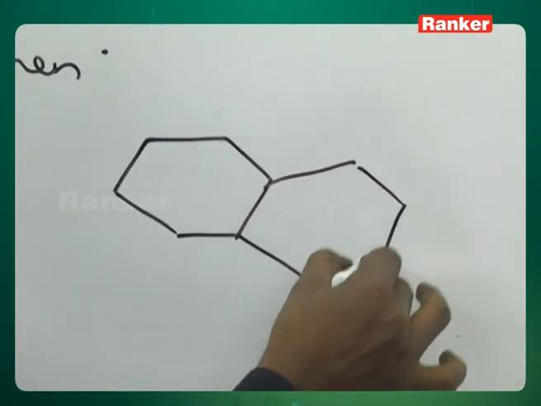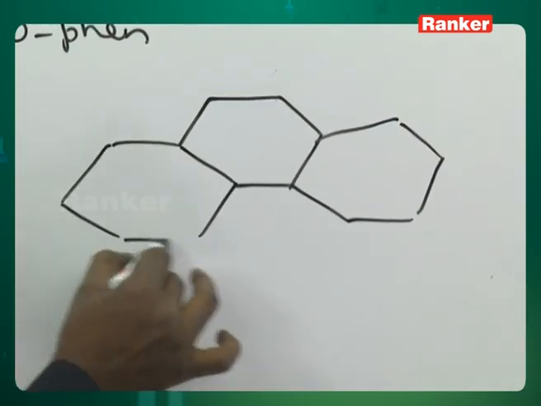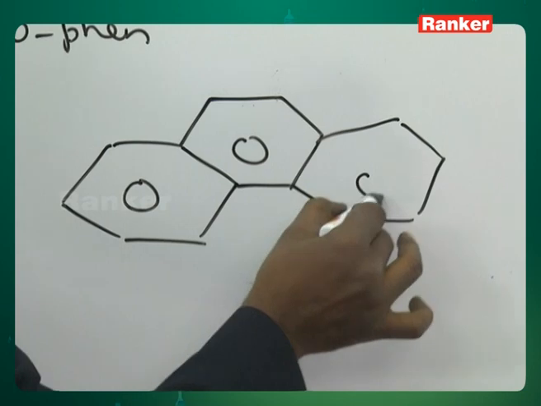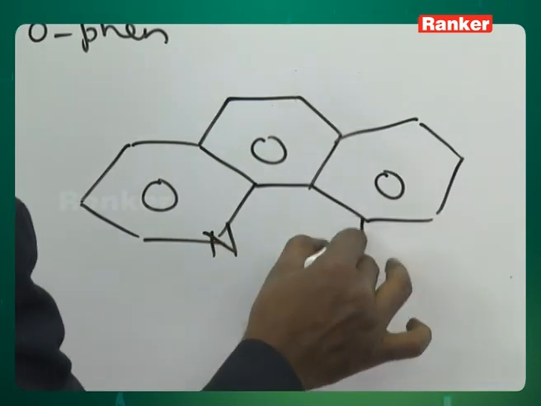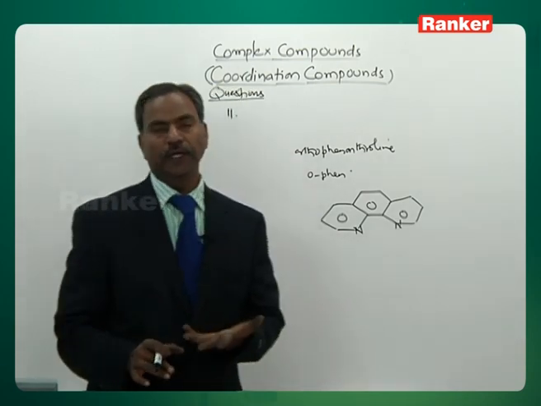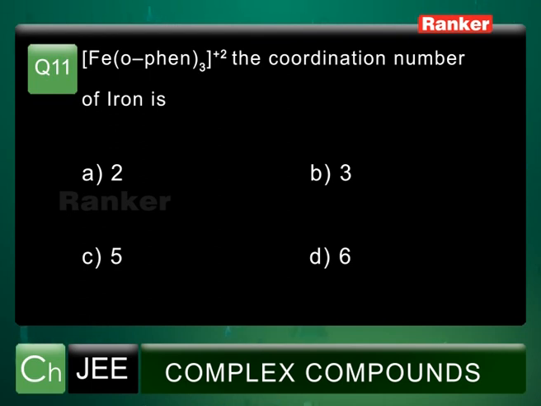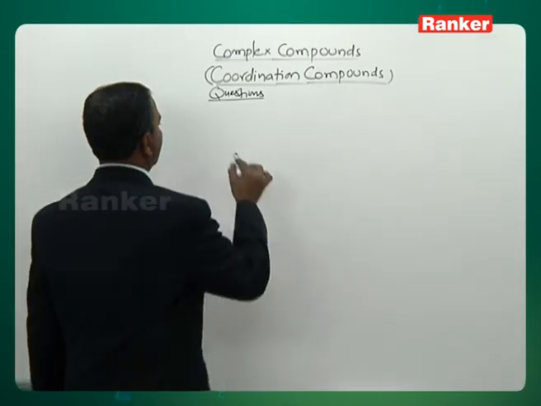You know well, orthophenanthroline phen is a bidentate ligand. How many such ligands are there? 3. Each is carrying 2 donor atoms. 3 ligands, therefore the coordination number comes to be 6. So the answer is D. Coming to question number 12.